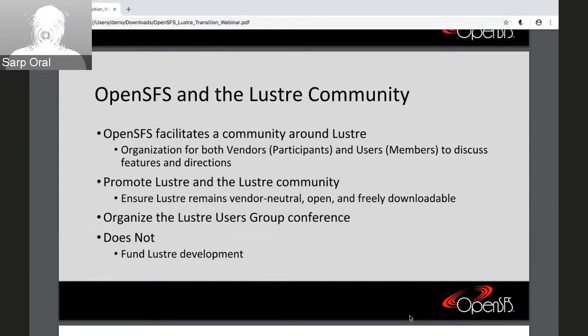What we are trying to do is promote Lustre and engage our users, establish a bridge between our users and our vendors. While doing so, we are trying to stay vendor neutral, open, and promote a healthy Lustre ecosystem.